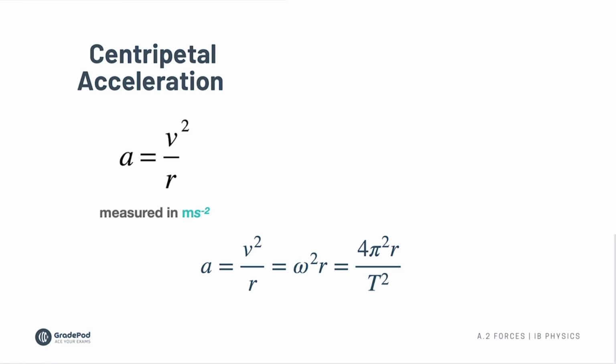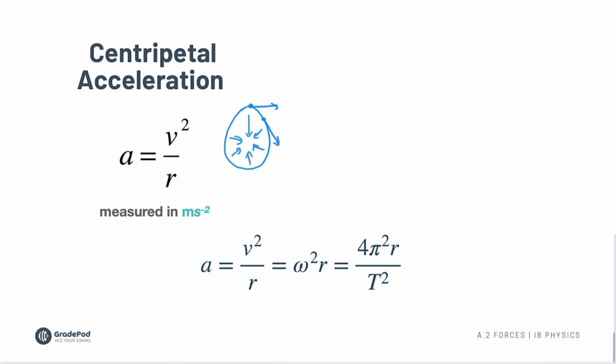Do you remember when we were discussing the satellite going round in a circle and we analysed the velocity vectors to find the change in velocity? And what we found was that the acceleration was always directed towards the centre of the circle. We found that out earlier, but we didn't have a formula to tell you exactly what magnitude of that acceleration was. Now we have a formula.